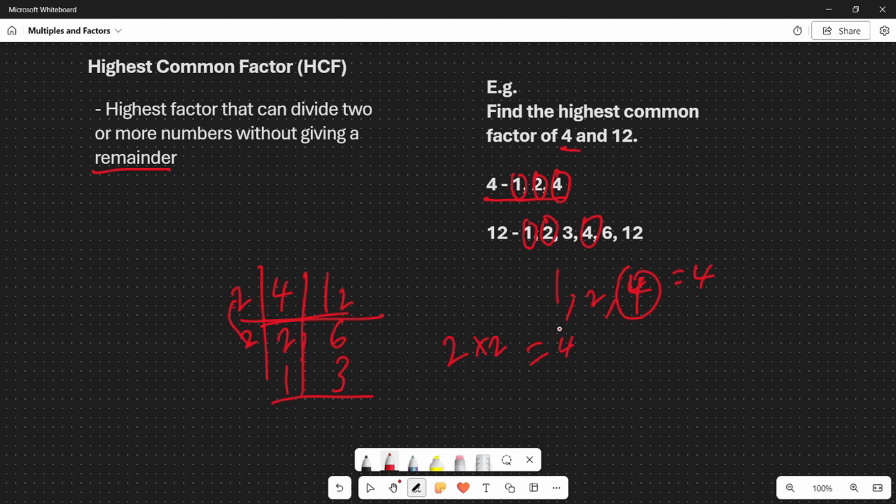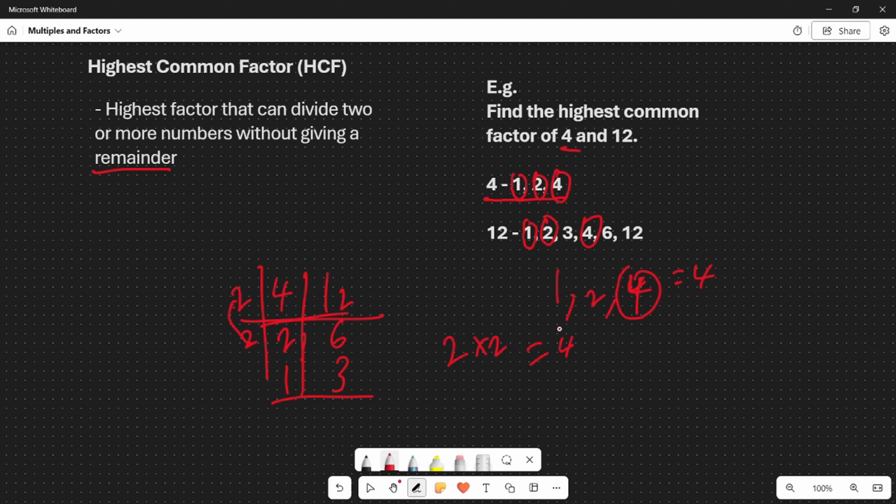So you put 3. Then 6 divided by 3 is 2, and 39 divided by 3 will give us 13. Then when you look through, you notice that there's no prime number that can divide both 2 and 13 without giving a remainder, and so your answer will now just be 3. And so the highest common factor between 6 and 39 is 3.